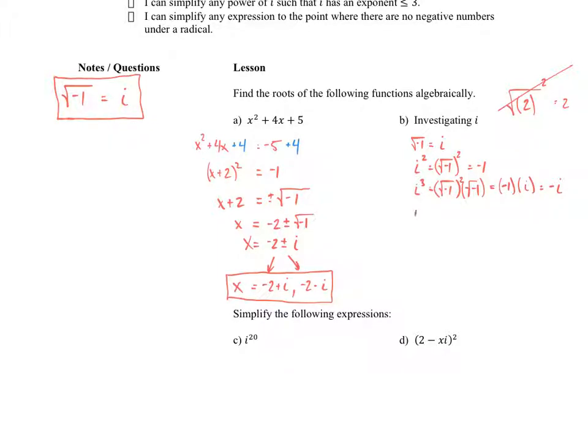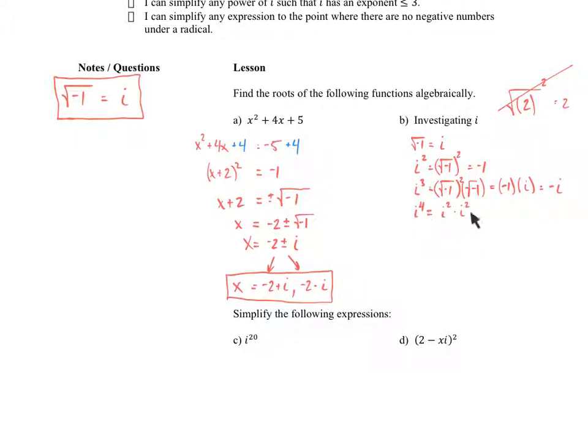Let's keep going. i to the 4th. Well, we have already defined something that's really going to help us here. I can rewrite i to the 4th as i squared times i squared. And remember that when you're multiplying two terms that have the same base, all you need to do is add the exponents.